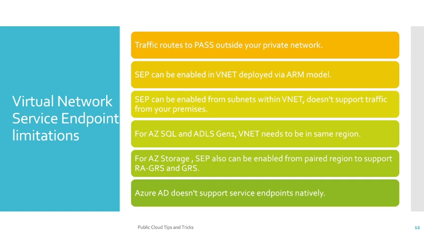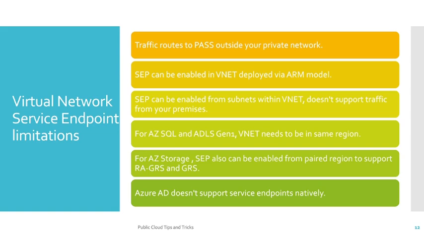These are all the benefits that we have discussed. Now let's try to understand the limitations. First, traffic routes pass outside your private network. That means when you are reaching a PaaS service which is outside your virtual network, the traffic moves outside your virtual network to the PaaS services.